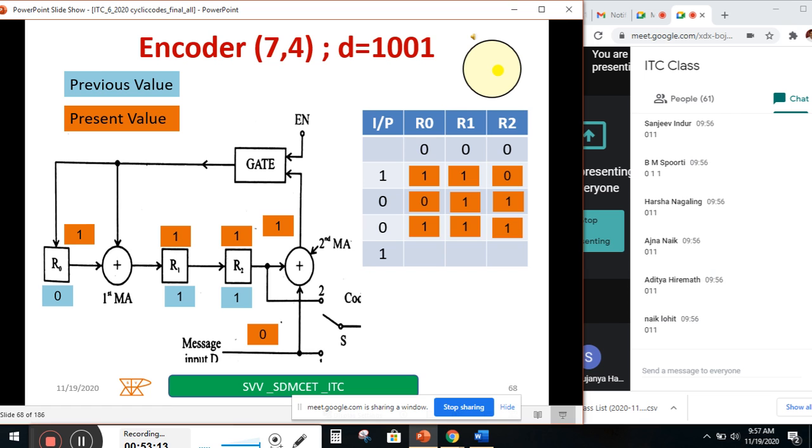Aditya, Nayak Lohit have typed 011. Vijay Lakshmi has typed 011. Chaitra 011. Preeti 011. Rohan. Amrita got 011. Mallikarjun Patil got 011. Good. And Saujanya, Shilpa got 011.